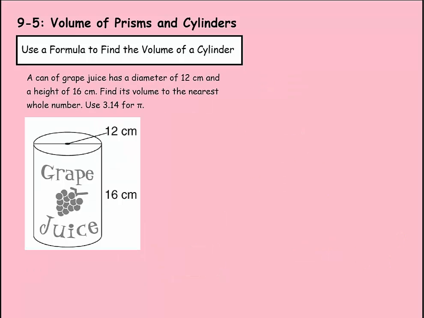Now we can find the volume of a cylinder. It says a can of grape juice has a diameter of 12 centimeters and a height of 16 centimeters. Find its volume to the nearest whole number. Use 3.14 for pi. So we use the same formula, volume equals base times height. Except now this circle will be our base, or this bottom circle as well. So the area of a circle is pi times radius squared.